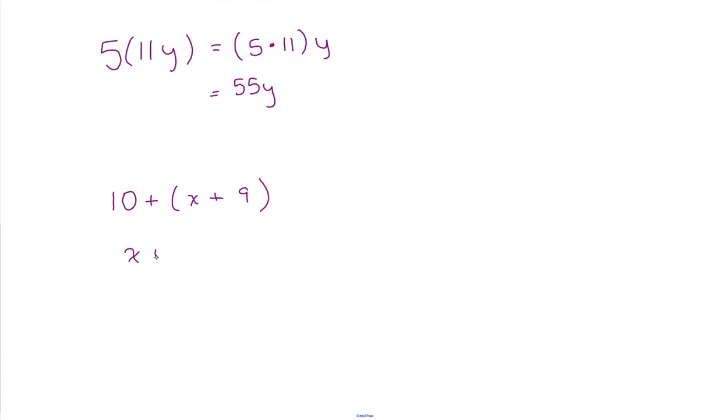So x plus 10 plus 9. We're going to put that grouping there. And so we are left with x plus 19. If you did it the other way and got 19 plus x, that's still right as well, because remember, the commutative property says that if you switch the addends, you're still going to get the same answer.